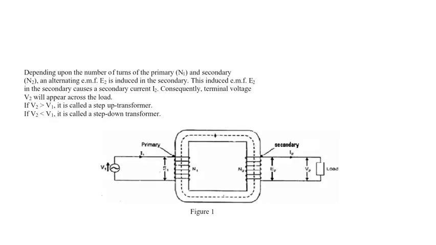In the figure, the primary and secondary coils are shown. The voltage that we have applied is also shown here, this voltage V1. This is the primary, this is the secondary. Due to this voltage, the EMF created is denoted by E1, and on this side it is denoted by E2.